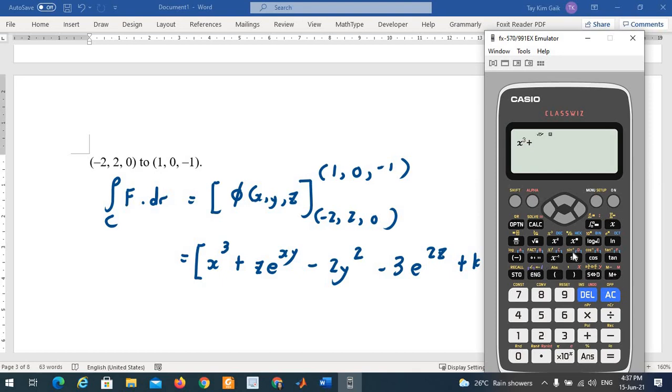In the calculator, you have A, B, C, D, E, F, X, Y, but you don't have the Z. Let's say I use M for Z. I key in the function x cubed plus z exponent xy minus 2y squared minus 3 exponent 2z.